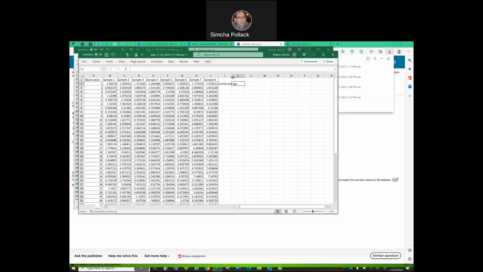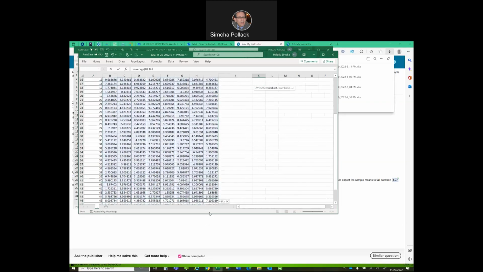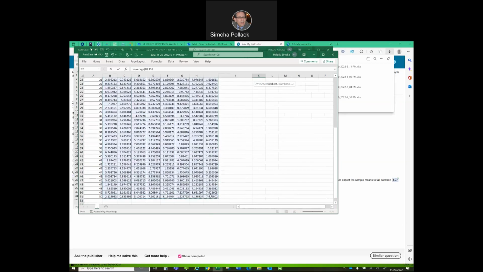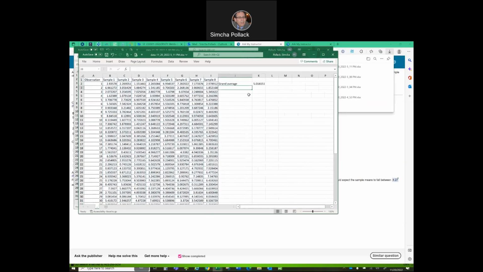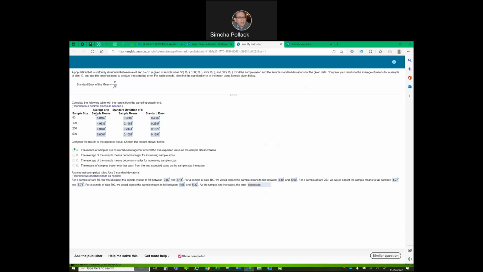Put that in this box here. Equals the average of all these numbers. I just want to verify that we're getting the same answer as the book, or using the same numbers at least. And 5.016. And what does the book say? The 5.016. We're good. Okay.